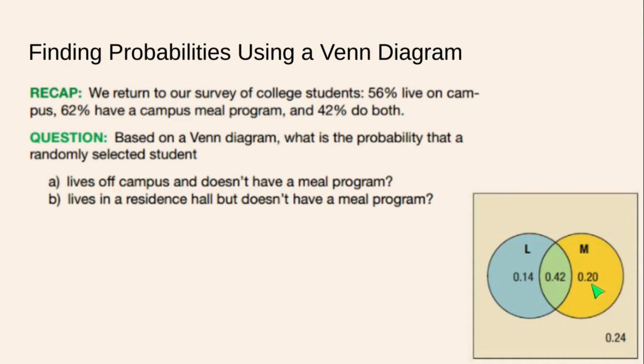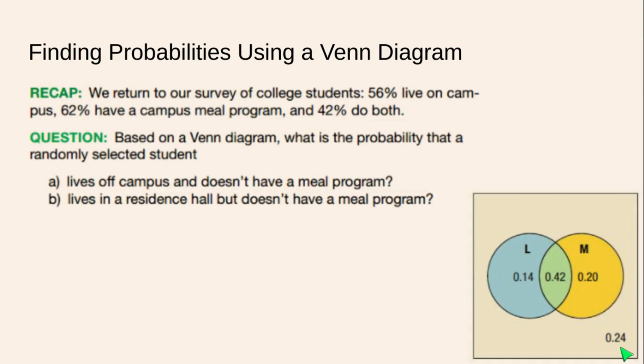That's not 100%. We have a total of 76%, as we found in the prior problem. So the balance, 24%, neither live on campus nor enjoy the meal program, okay? So that's how we build our Venn diagram, and later on we'll be building our own Venn diagram, so you'll get a lot of experience there.